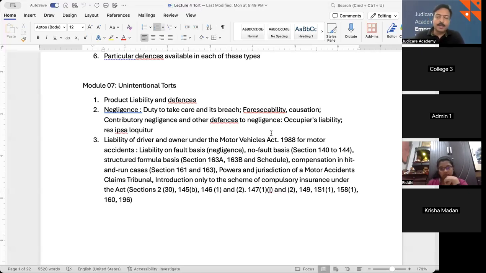So coming to no fault liability, we saw sections 140 to 144. The famous case law is New India Assurance Company Limited versus Shantaram Sitaram Khamkar, 2007. In this particular scenario, the New India Assurance Company denied the payment, considering there was an element of negligence.